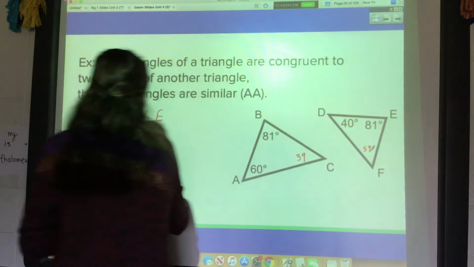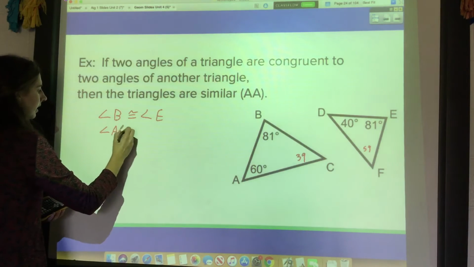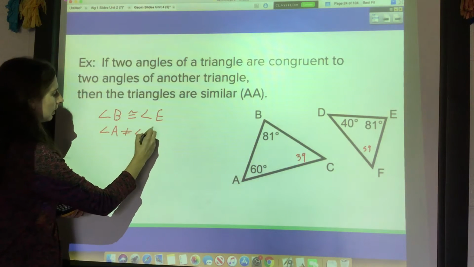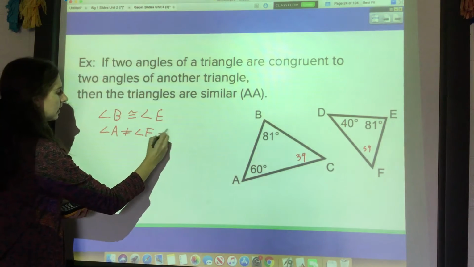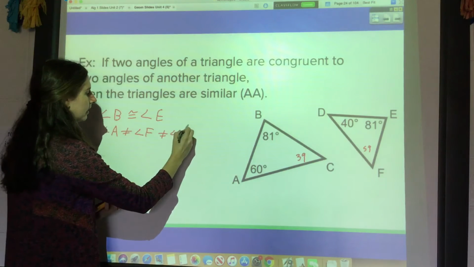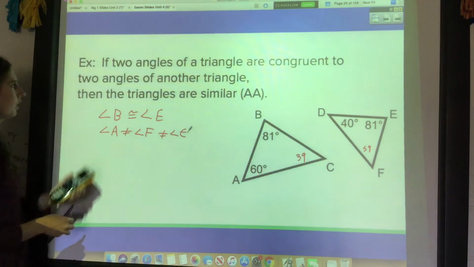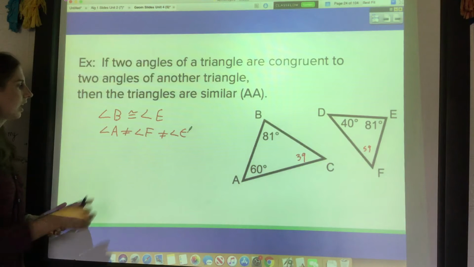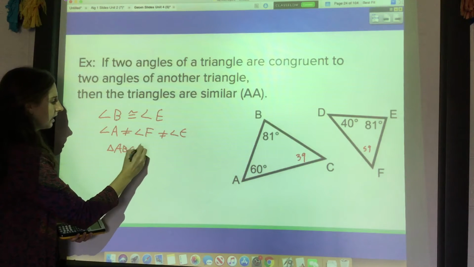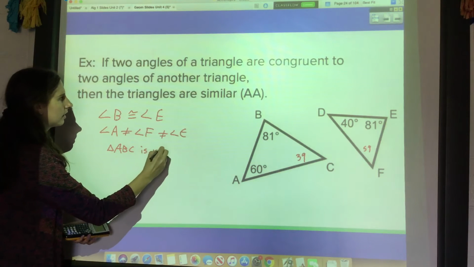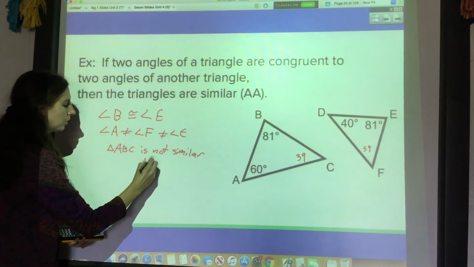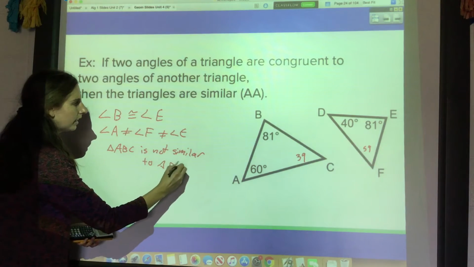And so angle A is not equal to angle F, and it's not equal to angle E either. And so this is not true. They are not congruent. So you could say triangle ABC is not similar to triangle DEF.